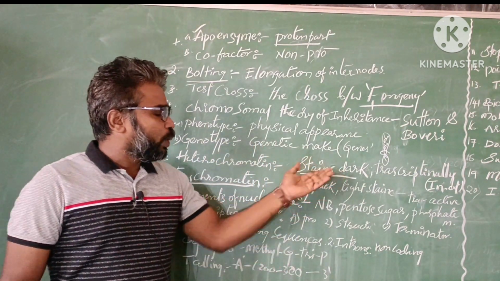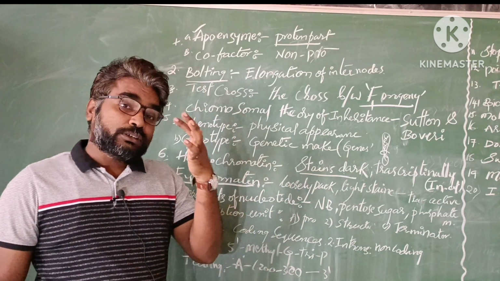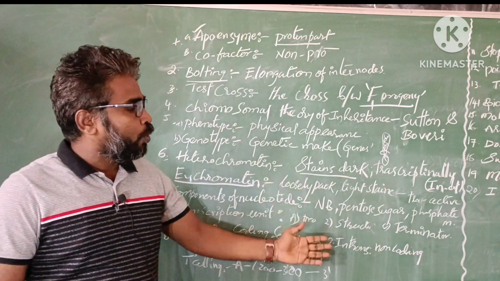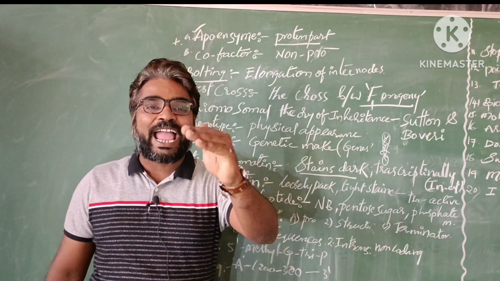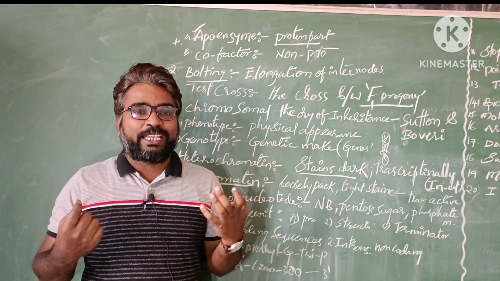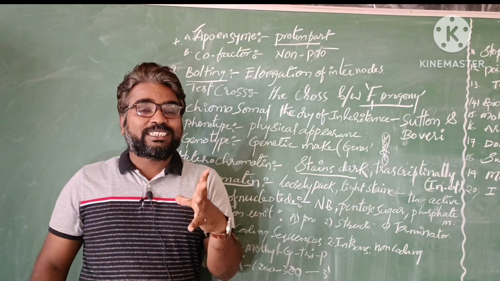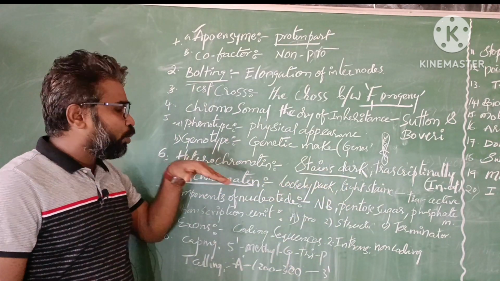Euchromatin is loosely packed and lightly stained, and more active. Transcriptionally, it is active, due to being loosely packed, somewhat looser than the heterochromatin.